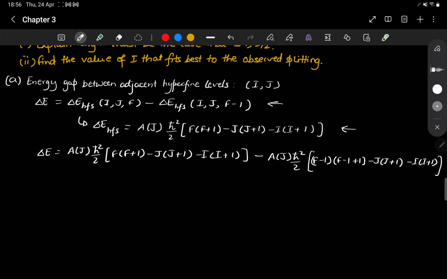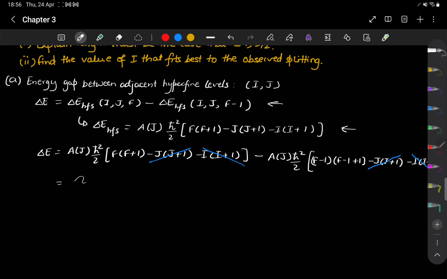Okay, great. Now we can take terms common. So these constant terms will cancel out. Since j is the same, this will cancel out, and I is also the same, this will also cancel out.